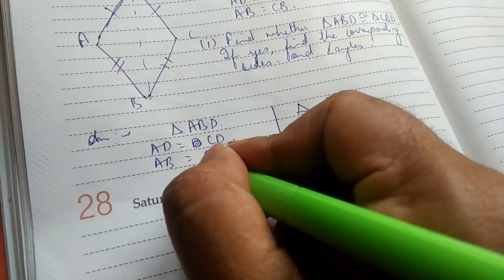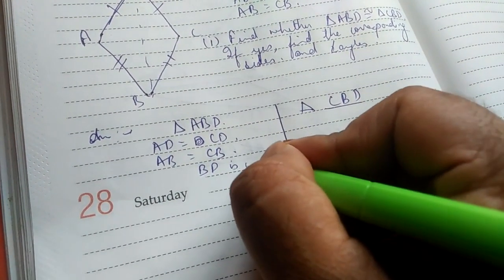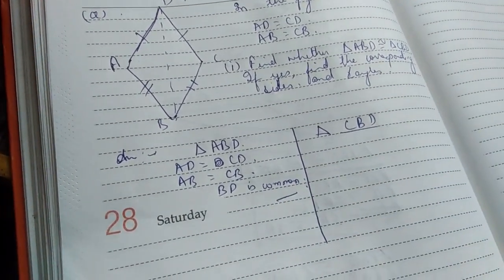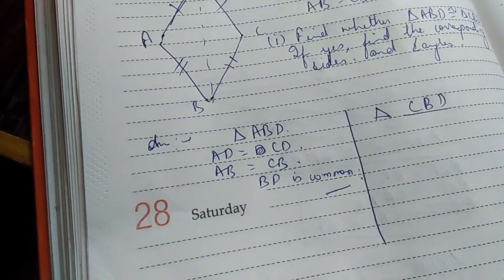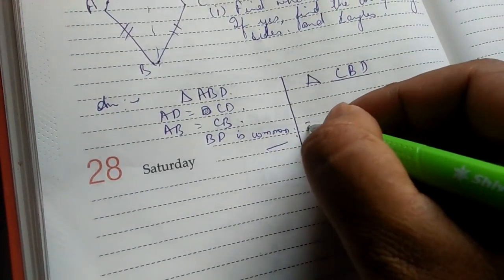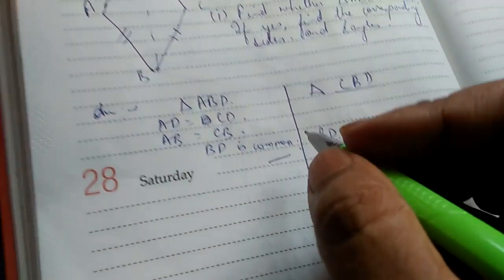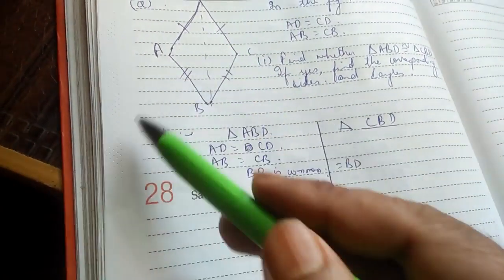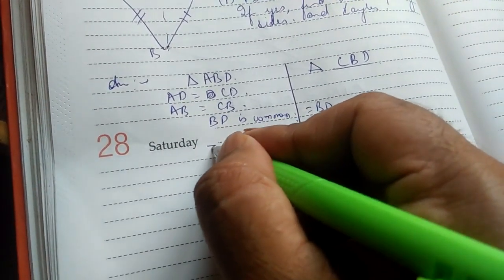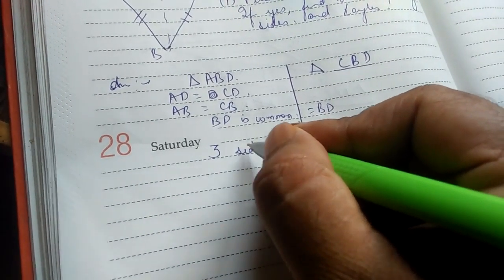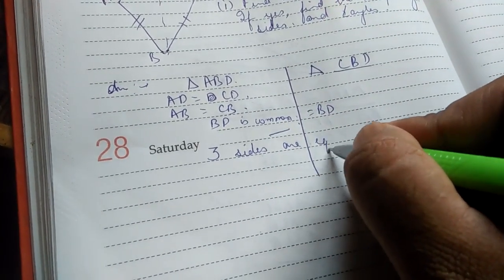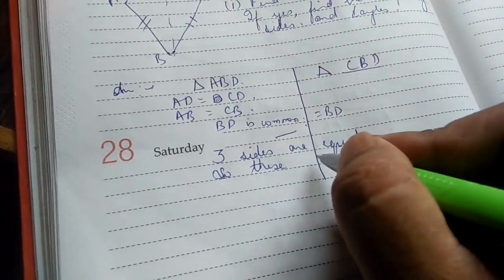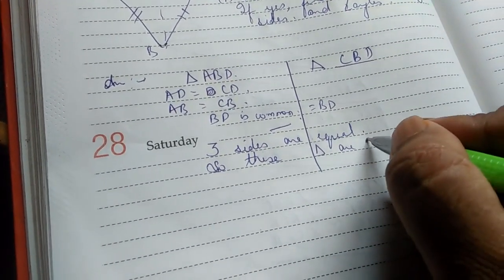BD is common. So BD is equal to BD. So in these triangles, three sides are equal, so these triangles are congruent.